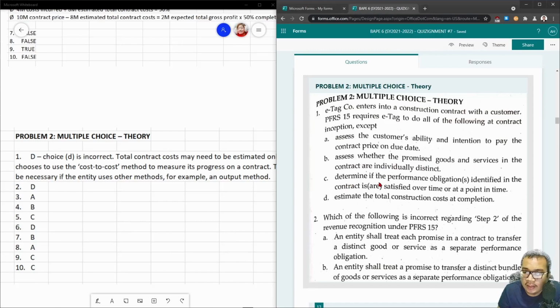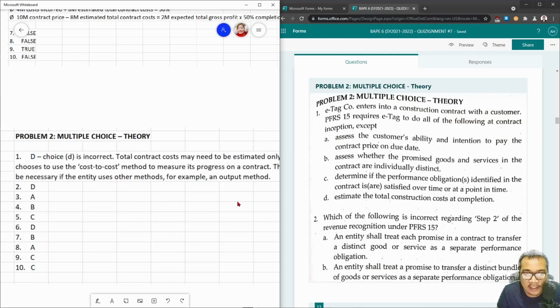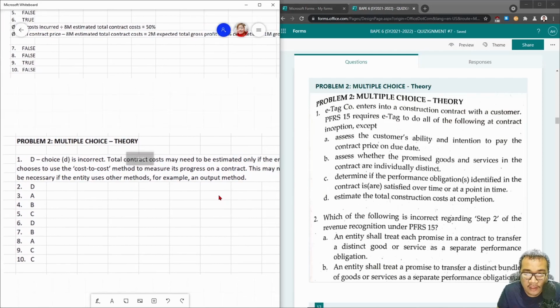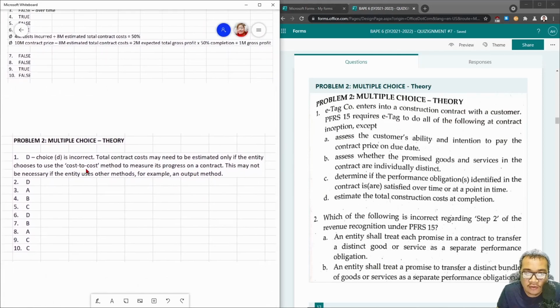Letter C, determine if the performance obligation or obligations identified in the contract are satisfied over time or at a point in time, kasi mag-ibang recognition dyan. So, kailangan gawin. Sa letter D naman, estimate the total construction cost at completion. Hindi yan, because ginagamit mo lang naman yan sa cost-to-cost method.